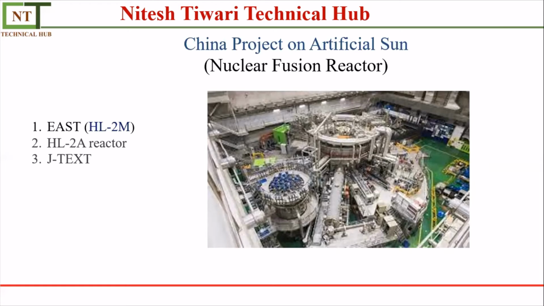The purpose of the artificial sun is to replicate the process of nuclear fusion, which is the same reaction that powers the sun. EAST is one of three major domestic tokamaks presently being operated across the country. Apart from EAST, China is currently operating the HL-2A reactor as well as the J-TEXT reactor.